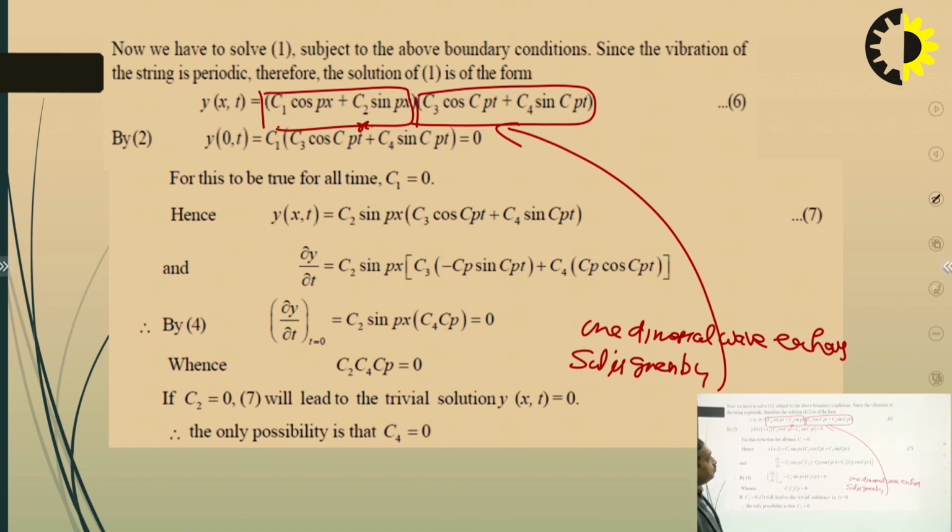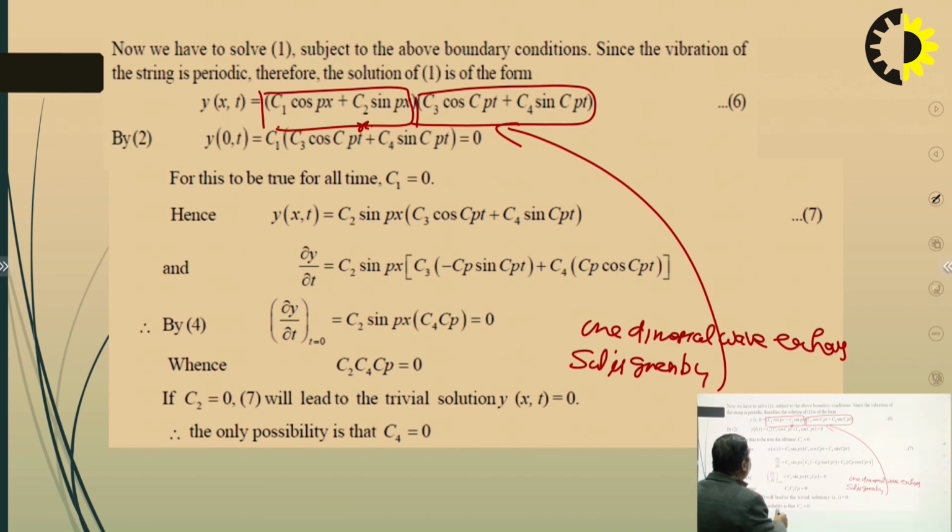There are the four constants c1, c2, c3 and c4. Two constants from the x, two constants from the t. We shall calculate c1, c2, c3 and c4 using the initial and boundary conditions.